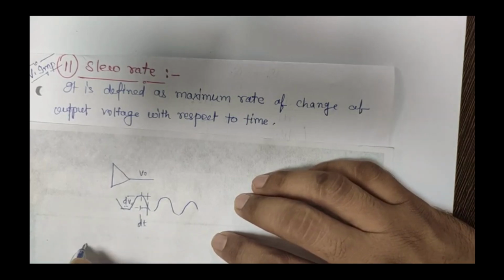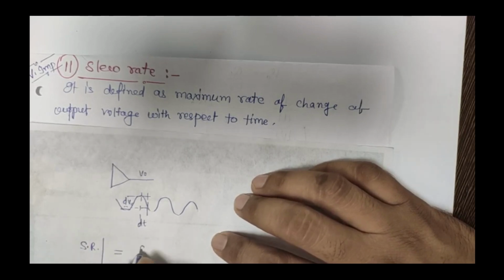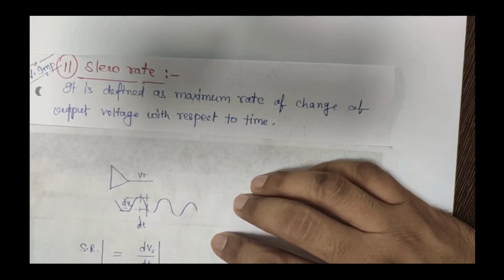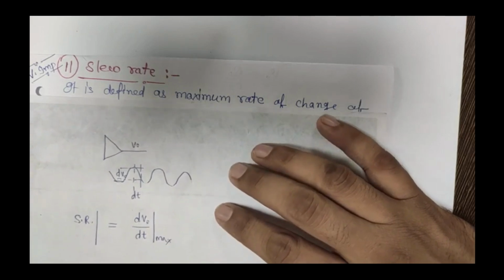So the slew rate, if I write it as SR, is equal to dV0 by dt, and this is the maximum value. Slew rate is dV0 by dt, maximum value.